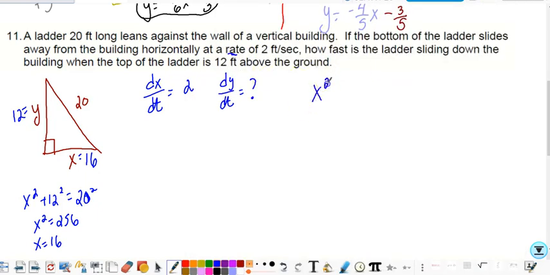Setting up my equation, x squared plus y squared will always equal 20 squared. So again, the ladder is not changing, which is why that stays constant with a number of 20. How high on the wall is changing at a rate, how far from the wall is changing at a rate. So those both get variables. Finding my derivative.